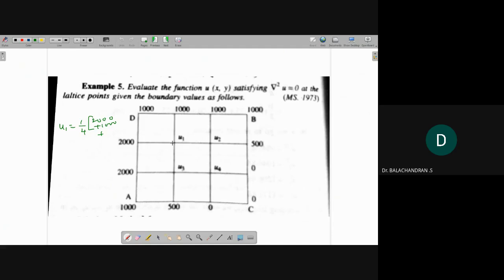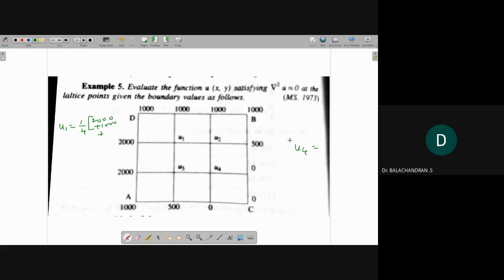So that's why I'm going to assume any one of u1, u2, u3, u4. For example, if I assume the u4 value, it should be between 0 and 1000, and along this line between 0 and 2000. You should choose properly, otherwise the number of iterations will increase.